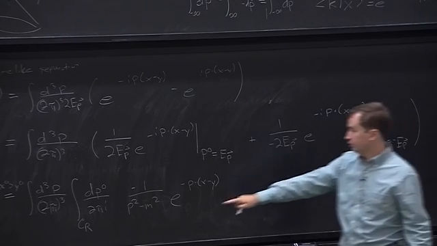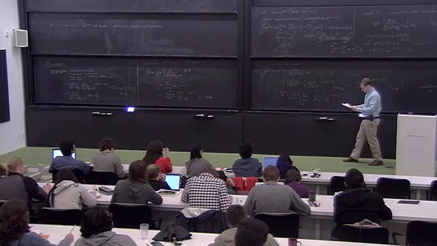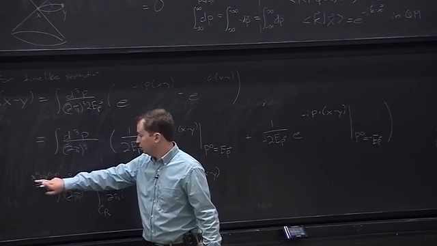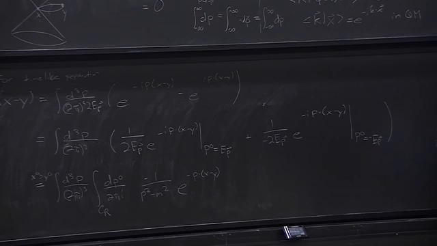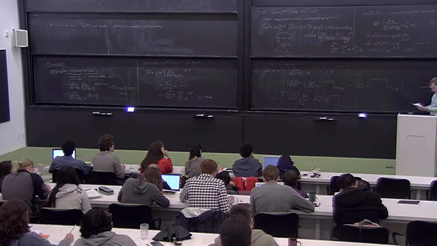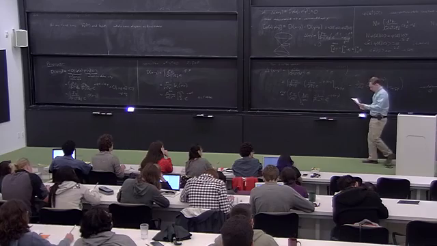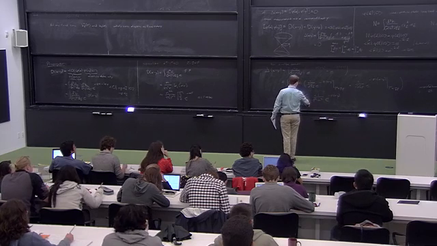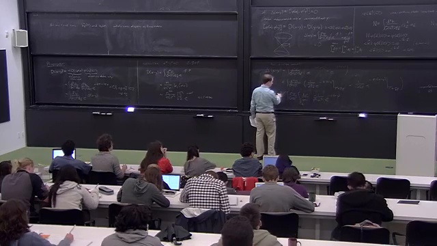And so those are these two terms here. On the other hand, if x^0 is less than y^0, then we need to close the contour in the other direction, and there'll be no poles, and we'll get 0. So this expression is equal to this expression if x^0 is greater than y^0.